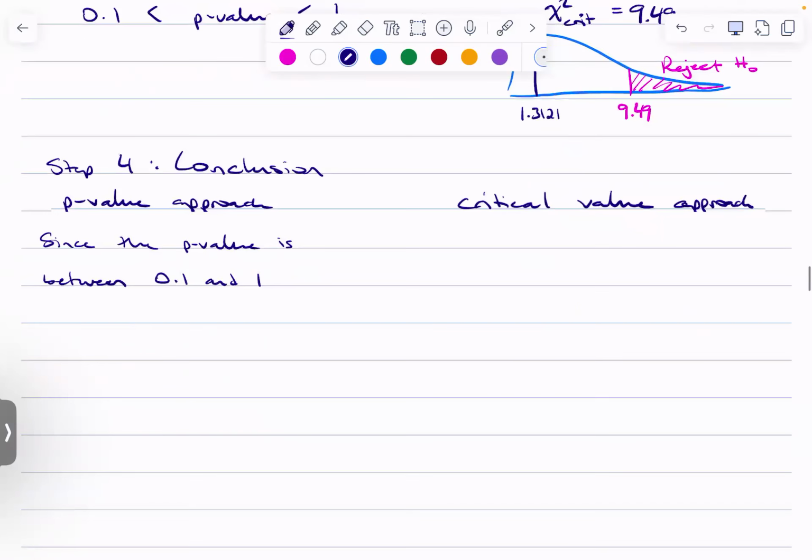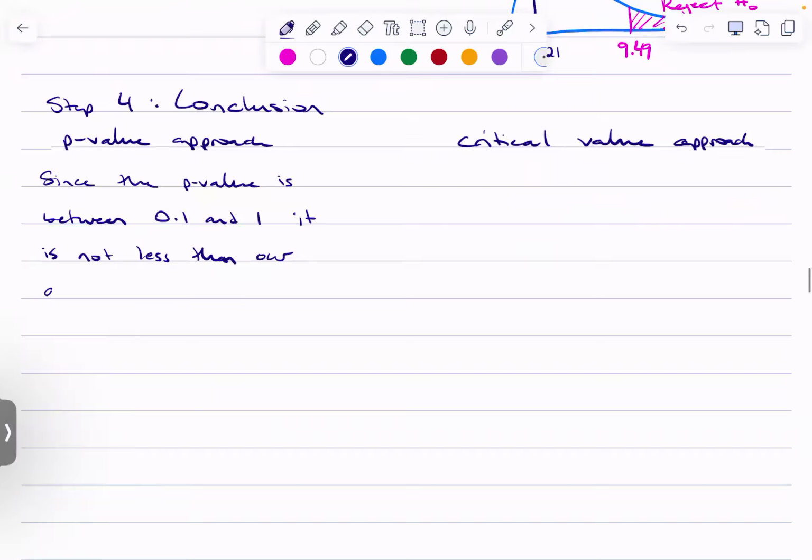So since the p-value is between 0.1 and 1, it is not less than our assumed alpha level of 0.05, which means we do not have enough evidence to reject H naught.